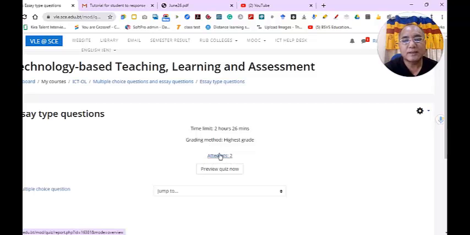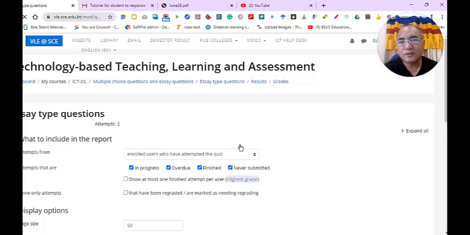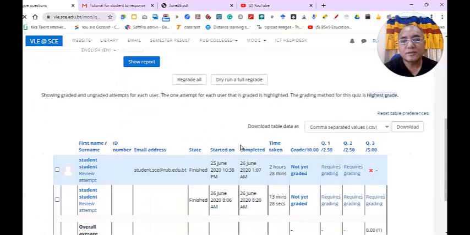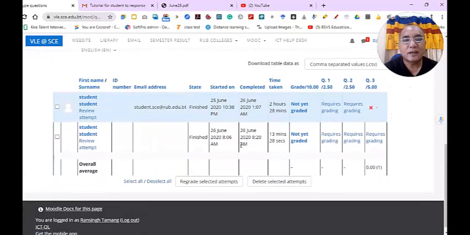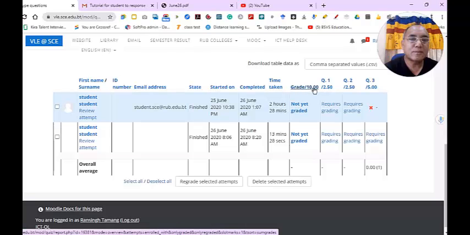So you can click this attempt and see what it tells. All right, there are two students who have attempted these questions. Now you have to be very clear about this table. It is out of 10 marks in total, and there are 3 questions, of 2.5, 2.5 and 5 marks.